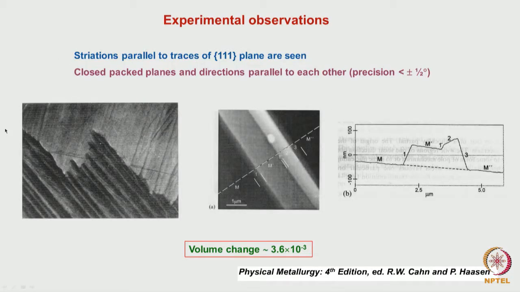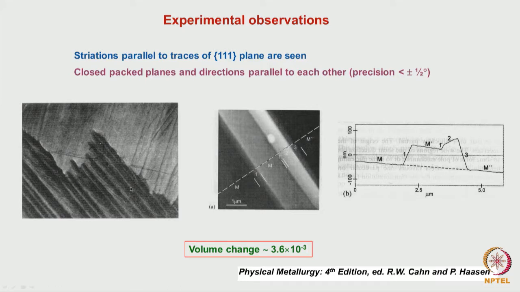Is it the same thing in cobalt with some alloying addition? I think nickel has been added to stabilize the FCC phase, so that part of the FCC phase remains during the transformation. This is the transformed region, which is HCP. If you look at these lines, these striations, they all correspond to the intersection of 111 planes with the surface.